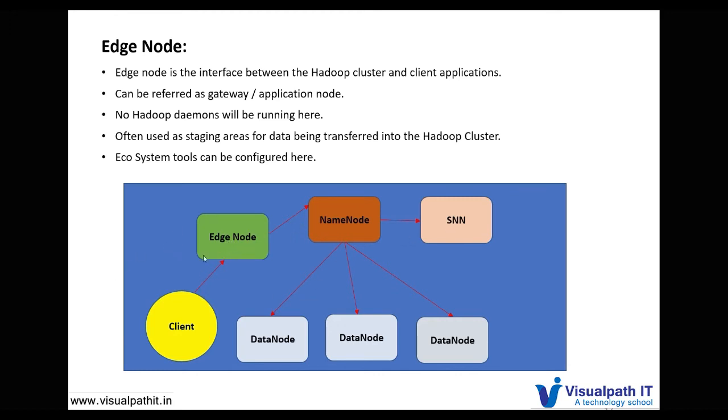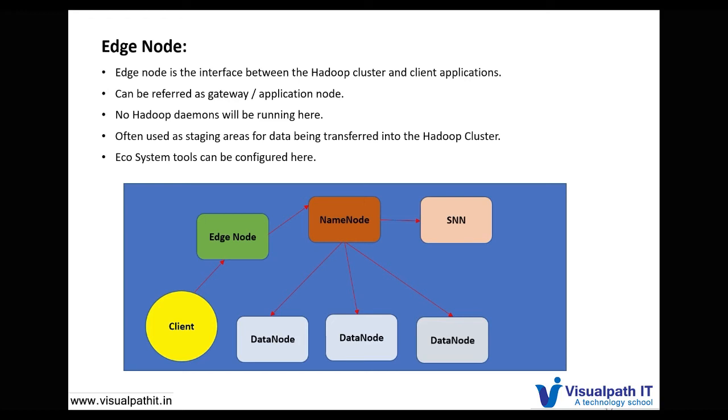Here we can install some ecosystem tools which are used to process our data in the Hadoop cluster, for the processing layer, like Hive, Pig, Sqoop, HBase. Those are the tools we can install. Other than that, there are no Hadoop daemons. Hadoop daemons means name node, data node, secondary name node, job tracker, task tracker.